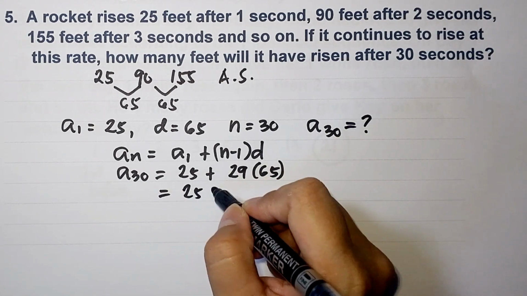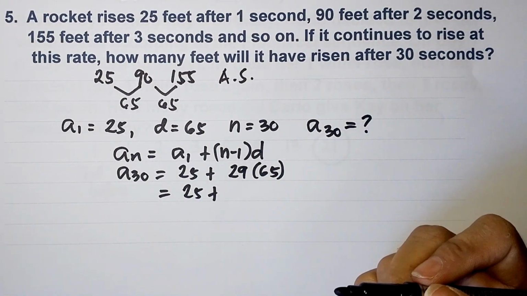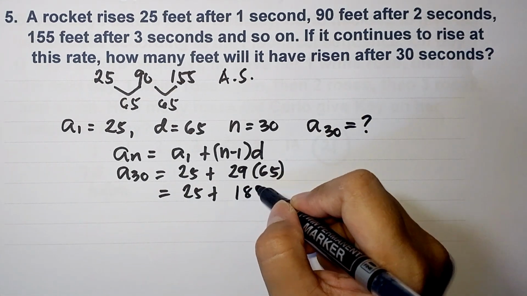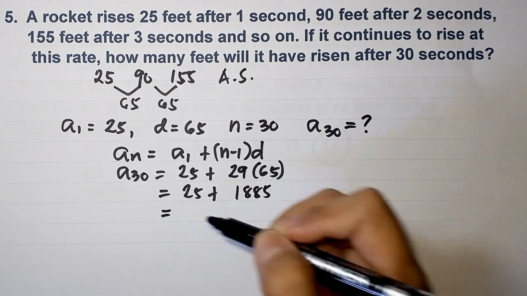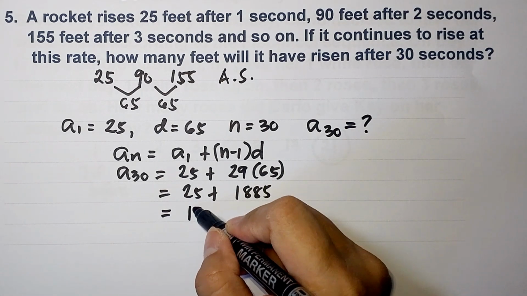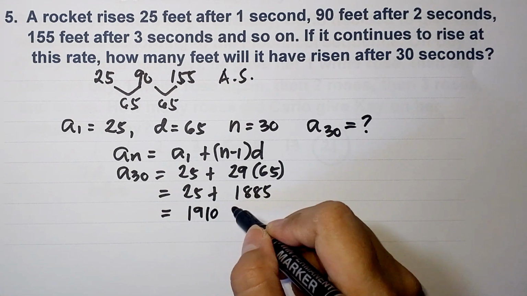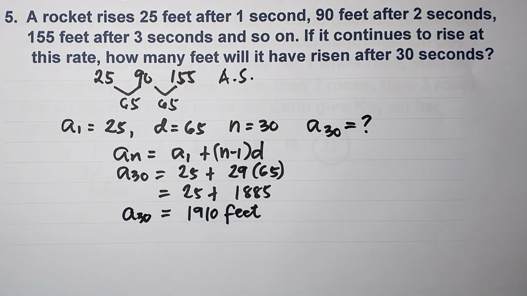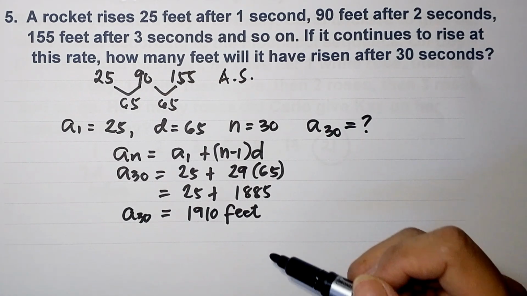Or 25 plus 29 times 65 is 1,885. Then adding 25 plus 1,885 is 1,910 feet. Therefore, after 30 seconds, the rocket has risen 1,910 feet.